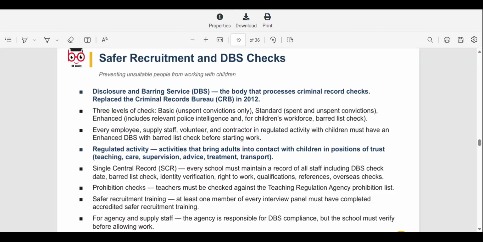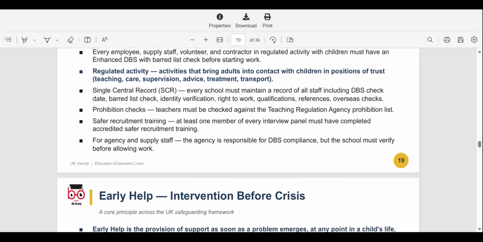You have to have a structured face-to-face interview. In the interviews, you need to focus questions around child protection, and make sure your references are rigorous as well, because employers need to look at things more rigorously when it comes to preventing anyone unsuitable from working with children.